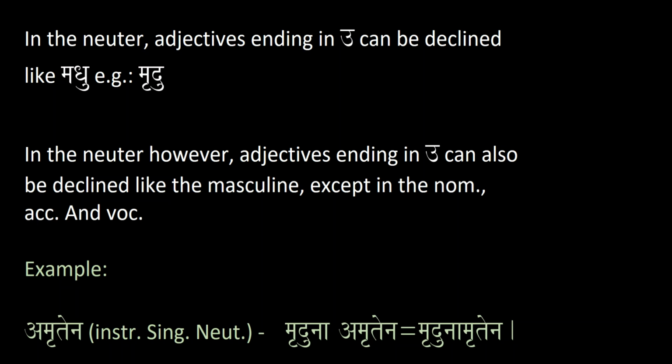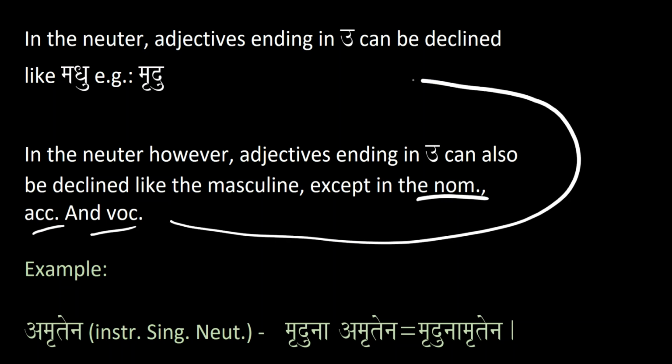In the neuter, adjectives ending in u can also be declined like the masculine, except in the nominative, accusative, and vocative case. If you're dealing with the nominative, accusative, and vocative case, then you have to go back to declining it like madhu. The example is amritena, instrumental singular, neuter.